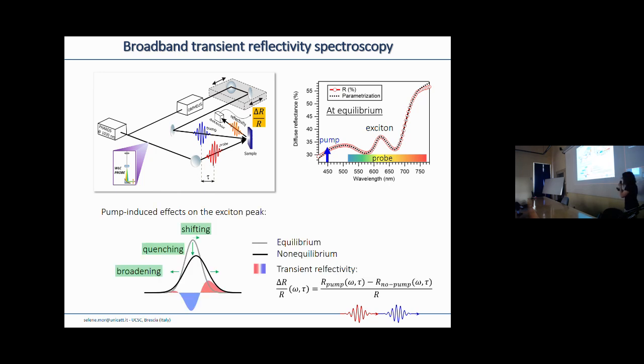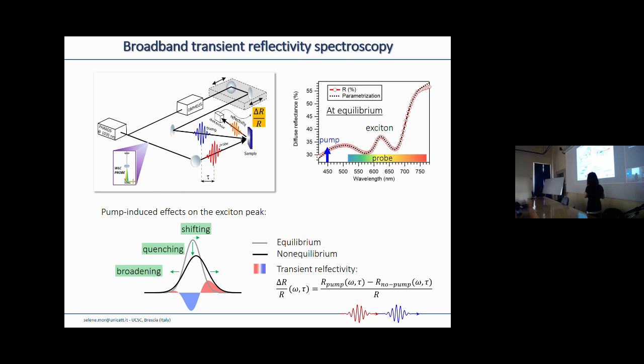Our signature is the so-called transient reflectivity, defined as the difference between the reflectance measured in presence of the pump pulse and in absence of the pump pulse at a certain time delay tau, which is set by this delay stage, normalized over a reference reflectance. Considering just the excitonic peak that you already record in your equilibrium spectrum, you can expect that upon photoexcitation several things can happen.